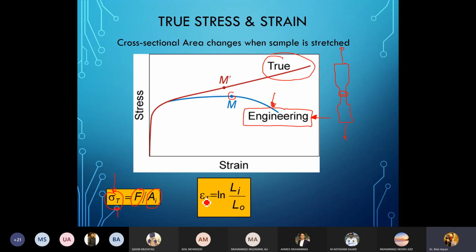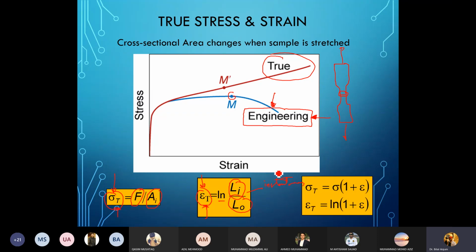Similarly, the true strain, epsilon with a subscript t, is defined by the natural log of the instantaneous length, the length at that moment, divided by the original length.